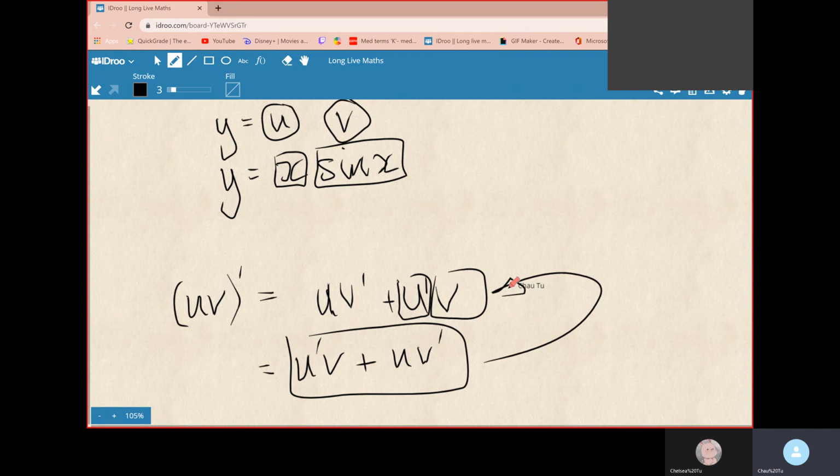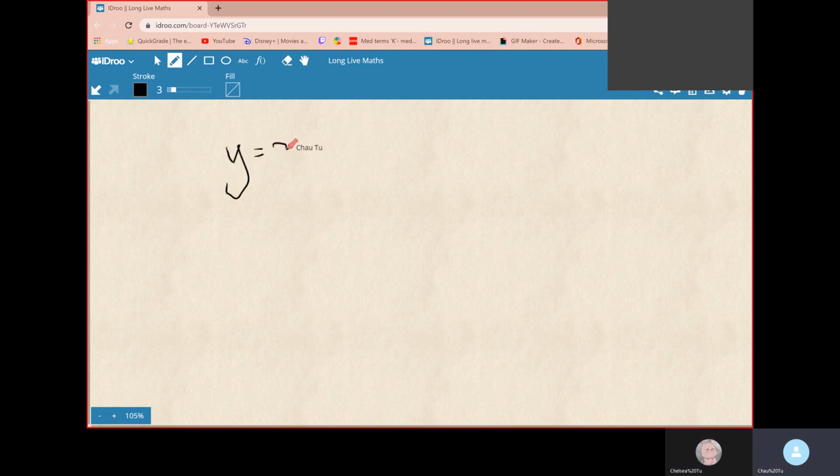Okay, Chelsea. So how would you differentiate y equals x sine x? You're saying leave the first alone, differentiate the second, plus.